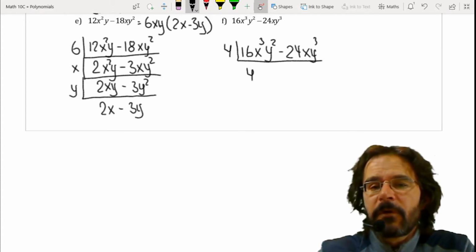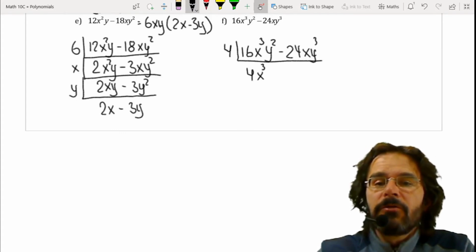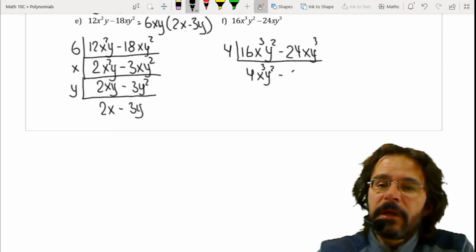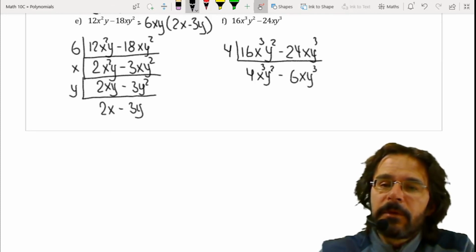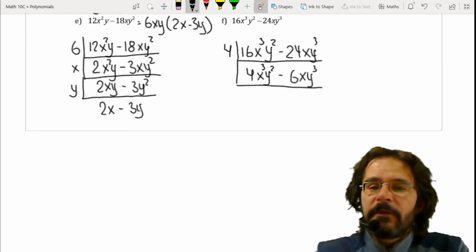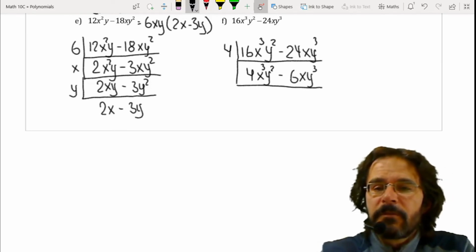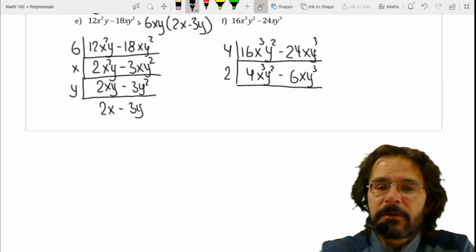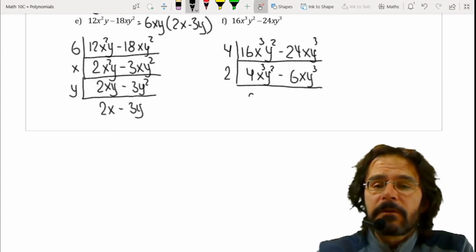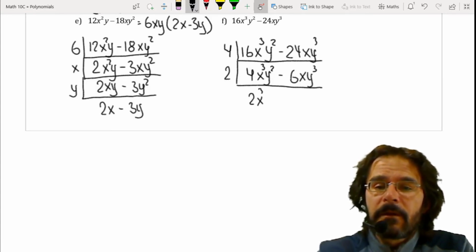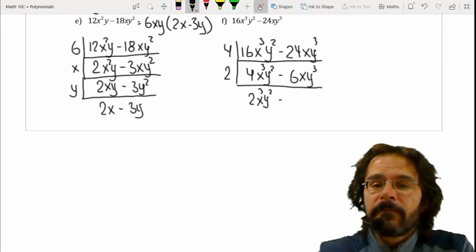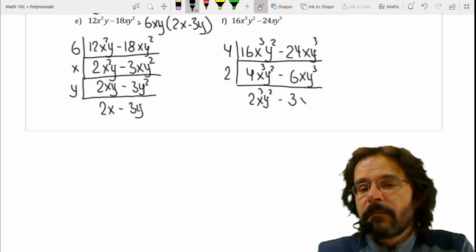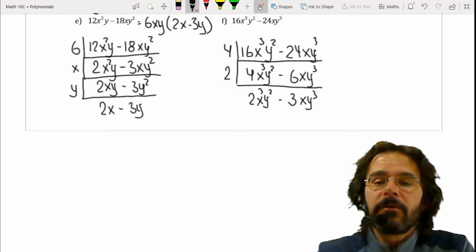So we're left with 4x cubed y squared minus, so 24 divided by 4 is 6, 6xy cubed. We'll put in the next level. We can still factor out a 2 from both 4 and 6. So we factor out a 2, which leaves us with 2x cubed y squared. 6 divided by 2 is 3xy cubed.